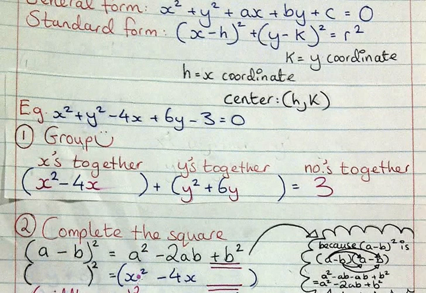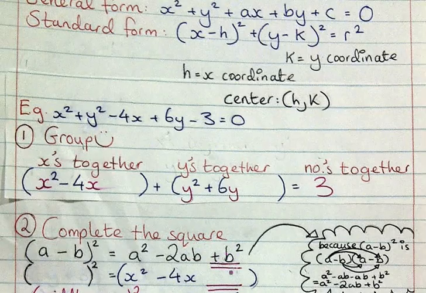Because as you can see, after we grouped, we have x squared and negative 4x, but then we don't have this part, the b squared part. So we need to complete the square. There's a missing part of our answer if we started off by squaring something right here.